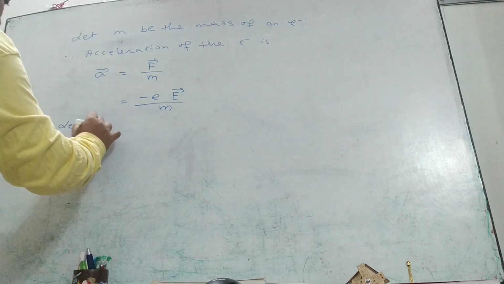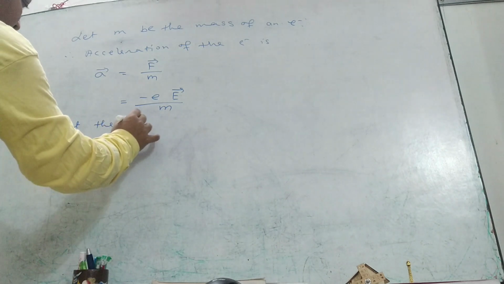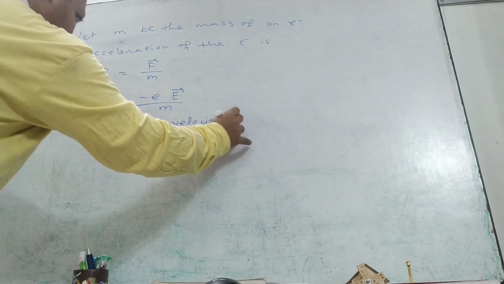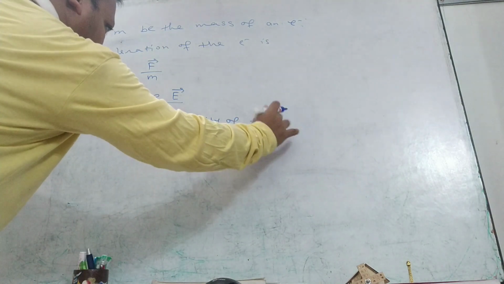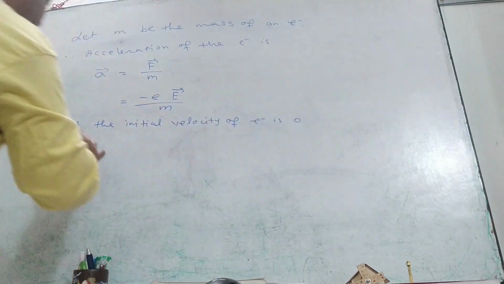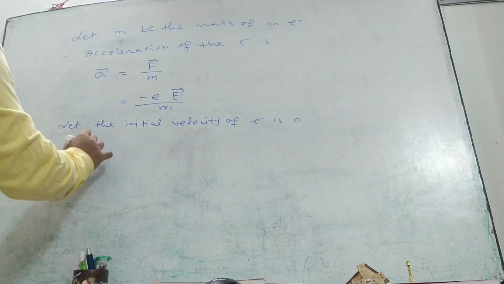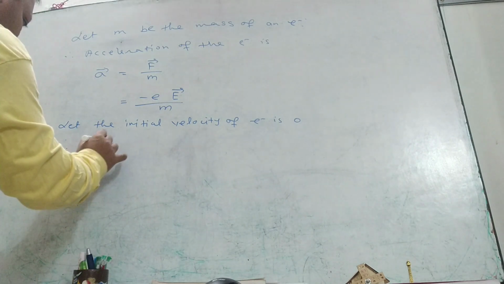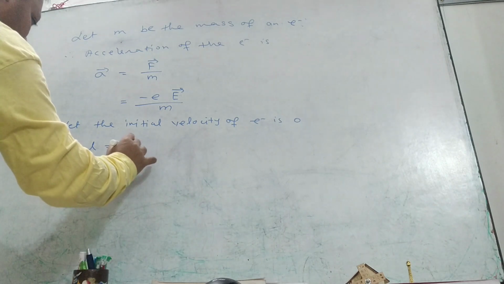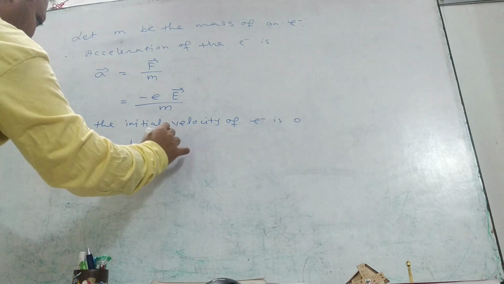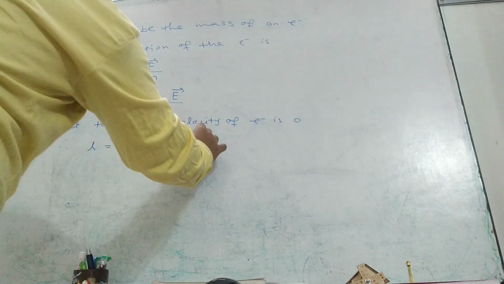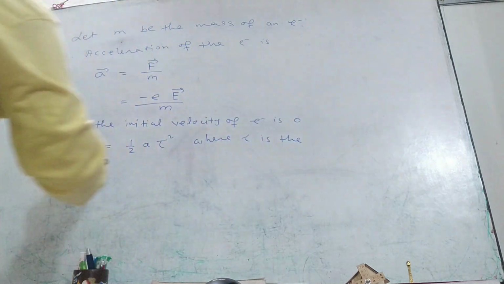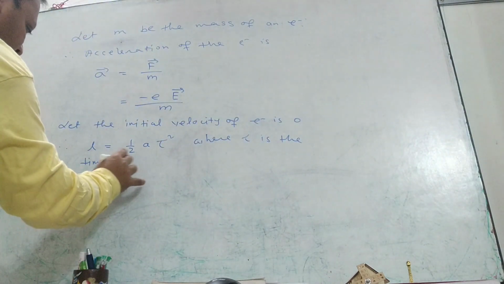Let the initial velocity of the electron be 0. Therefore, L is equal to half a tau square, where tau is the time of relaxation.